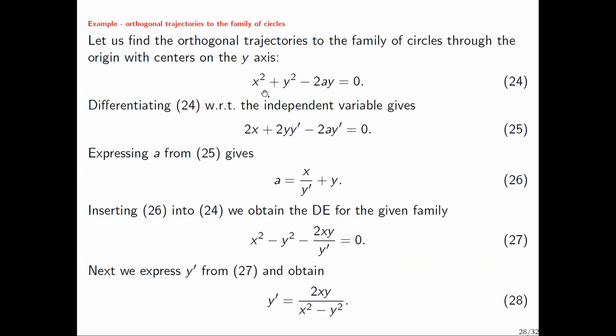So when we vary a, this a is a parameter, we in fact move the center of the circle up and down the y-axis, because we can rewrite this equation as x squared plus, in the parentheses, y minus a, squared, equals a squared on the right-hand side.